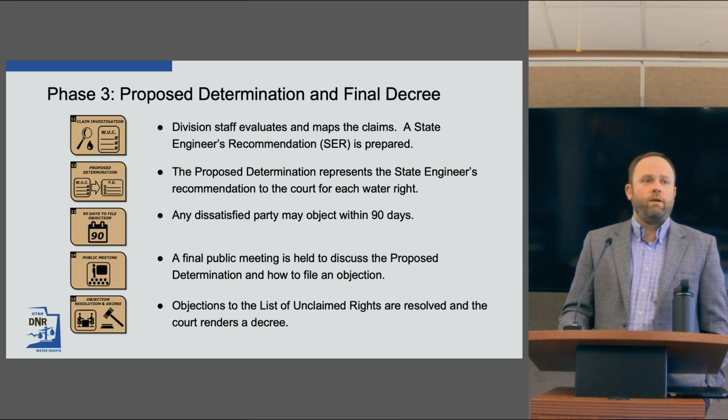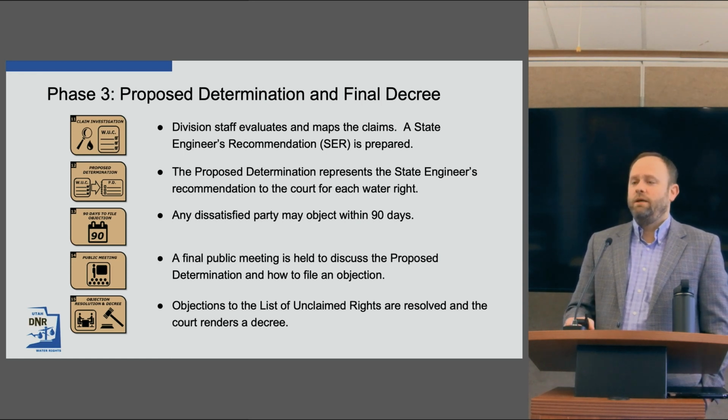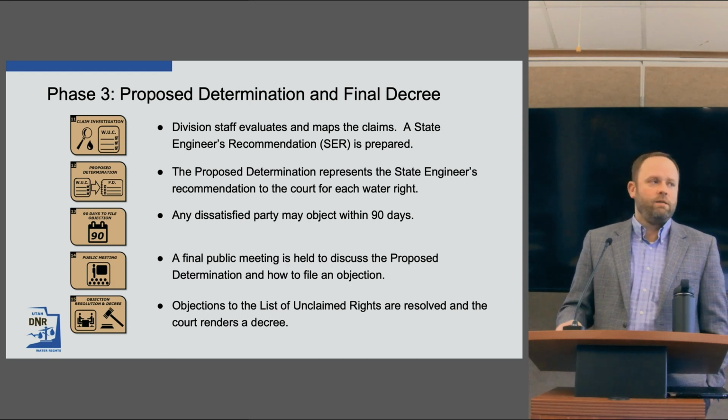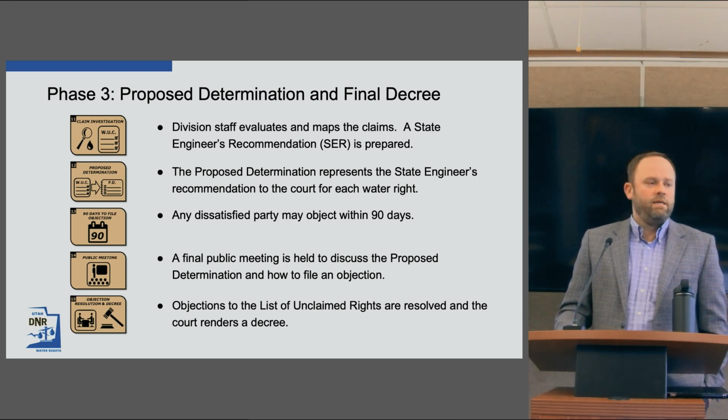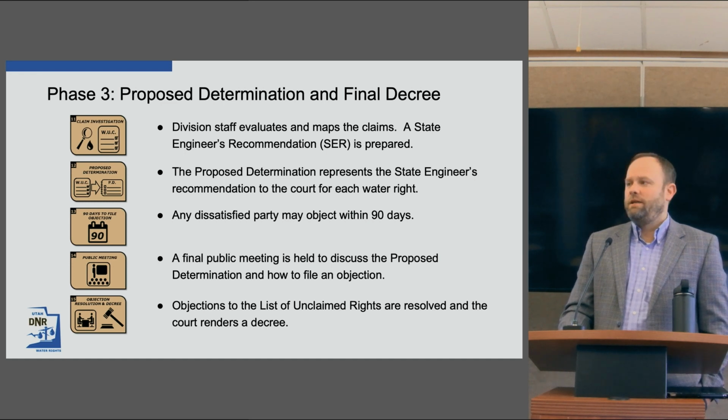A proposed determination is simply a book that contains all of the various recommendations compiled into that single resource, and then that's filed with the court. Following the pattern that we've seen previously, there is a 90-day period to object if you don't like what has been recommended, and there is a final public meeting as well.